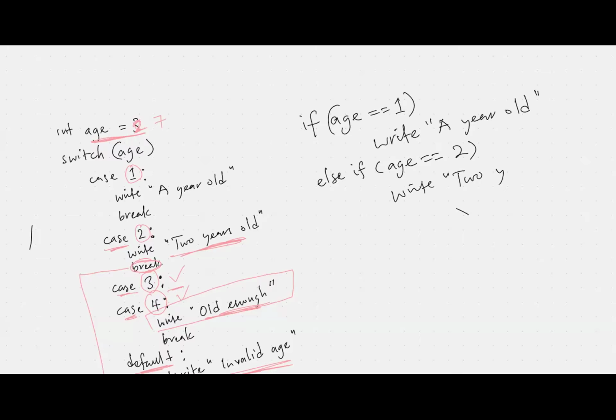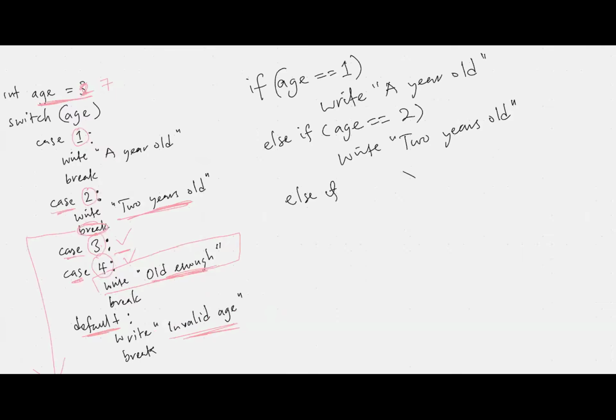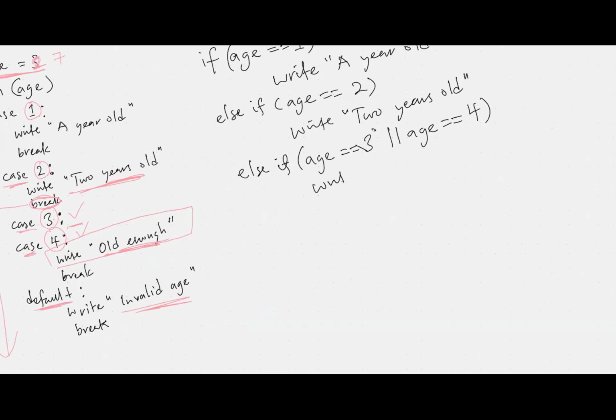Then you write else if age is equal 3 or, okay, age is equal 4, then we write old enough. Okay. The default is the else. So you will write invalid age. Okay. So look at this, look at them side by side.